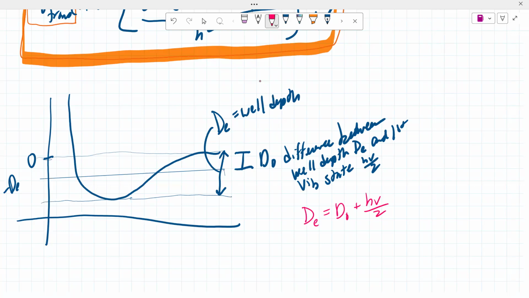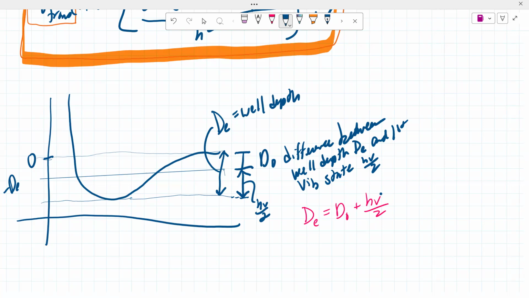So what this means is that this one here, that's this distance, but we're also going to talk about this distance, which is HV over 2. These two things sum up to DE, right? DE is the whole segment. D0 is this top segment, and HV over 2 is this bottom segment. You add up the top and the bottom part, you get the whole thing. There's the equation.